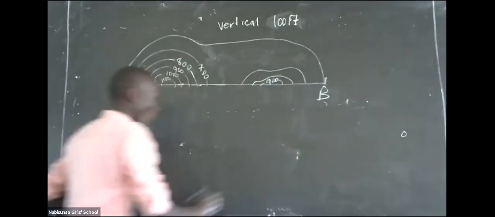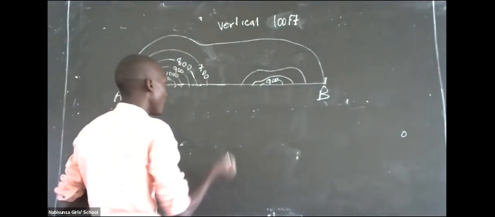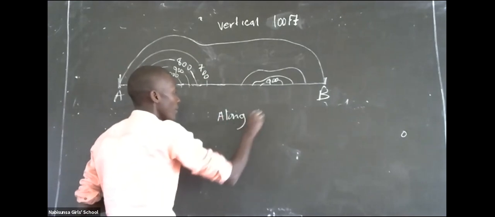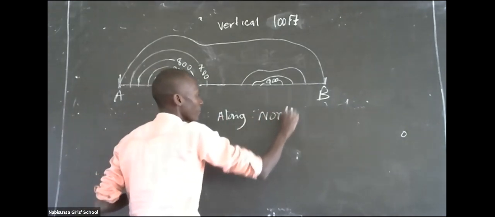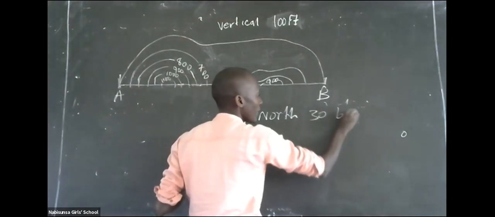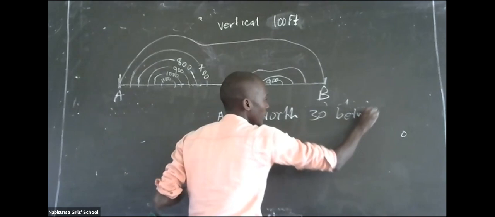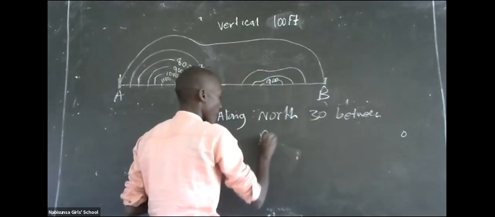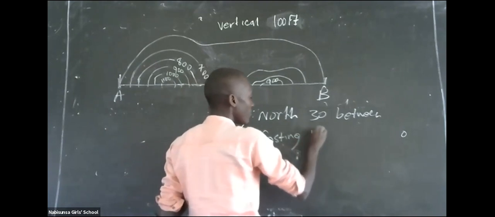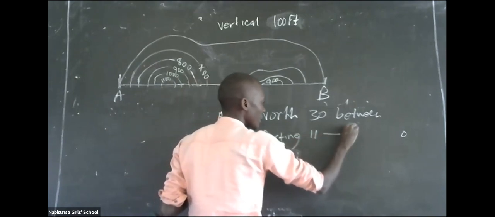Now, the common thing they will be telling you is draw a cross section along northing 30 between easting 11 to 19.